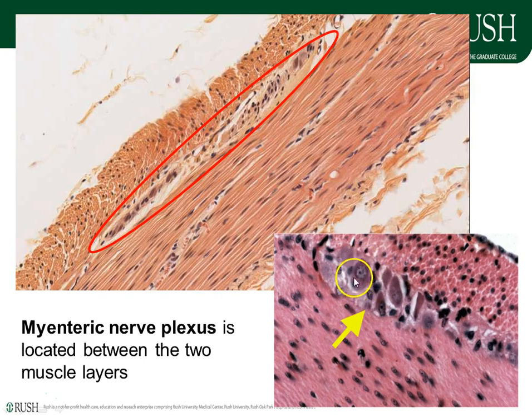Remember, neurons have a lot of that RER in their cytoplasm, which makes them kind of dark purple. That's called the Nissl substance. And then the small nuclei are the glia that are supportive cells for these neurons. And these are the parasympathetic neurons.